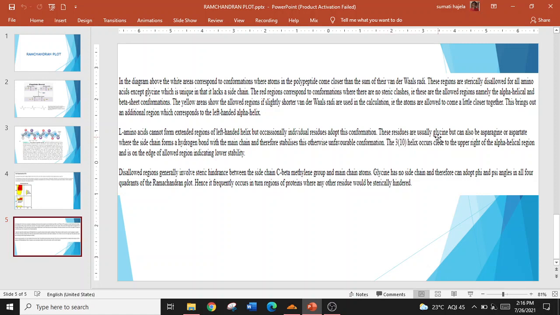These residues are usually glycine but can also be asparagine or aspartate, where the side chain forms a hydrogen bond with main chain. एस्पार्टिक एसिड, एस्पार्जीन ये जो है ये एसिडिक अमाइनो एसिड्स हैं, तो इनका बगल के बैकबोन से भी हाइड्रोजन बॉन्डिंग हो सकती है, इसलिए फिर उनका और अमाइनो एसिड से अलग बिहेवियर हो सकता है. Therefore this stabilizes this otherwise unfavorable conformation.